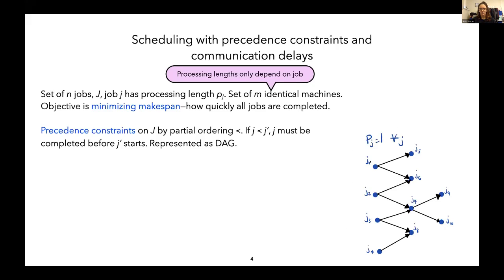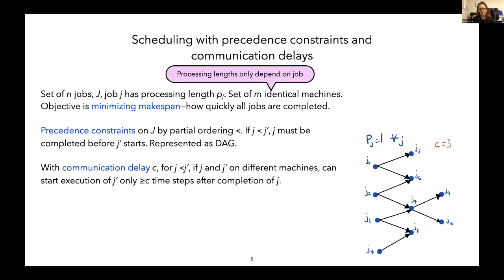For instance, over here we have jobs j1 all the way up to j10, and our directed edges indicate the precedence order. So for instance, j2 is less than j6 with respect to the partial order. I might also call j2 a predecessor of j6 and j6 a successor of j2. So that means j2 has to be processed before we can start to process j6.